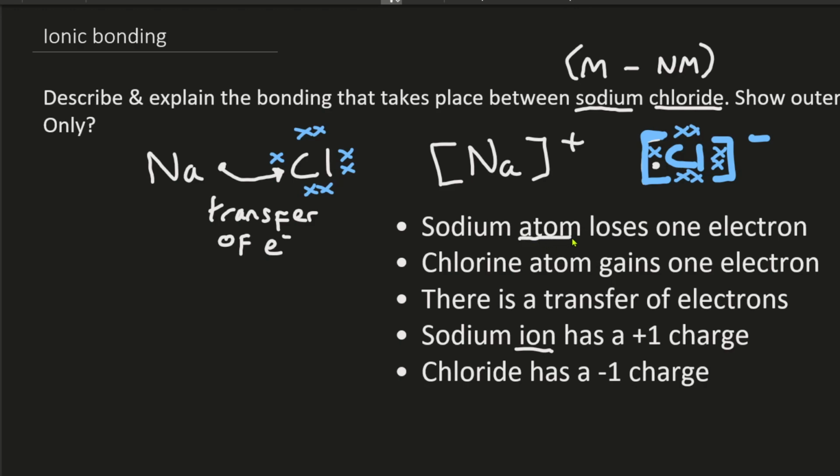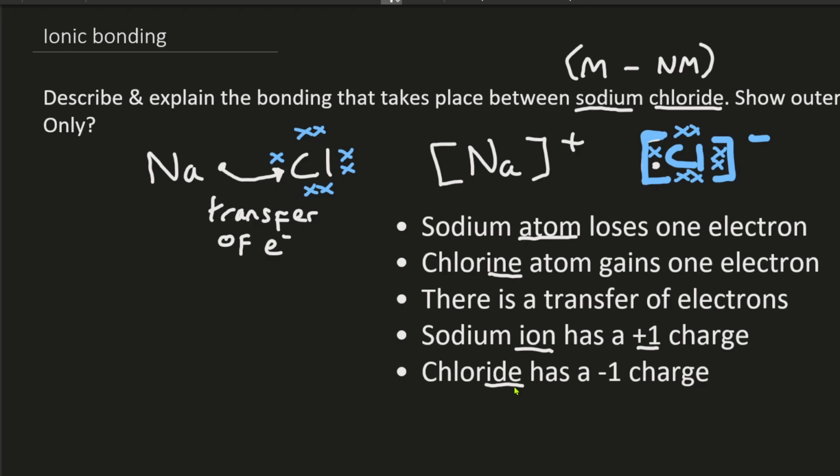So notice that when you've produced your ionic bond, the sodium ion has a positive 1 charge. And notice that now the chlorine over here is now chloride, okay? And the nonmetal always changes its name when the ionic bond is formed. So it goes from a chlorine atom to a chloride ion.